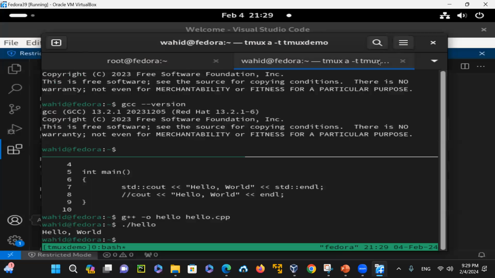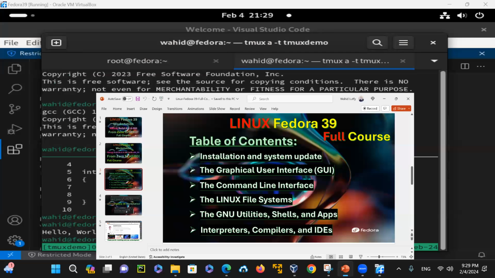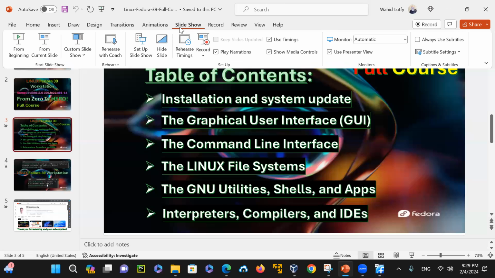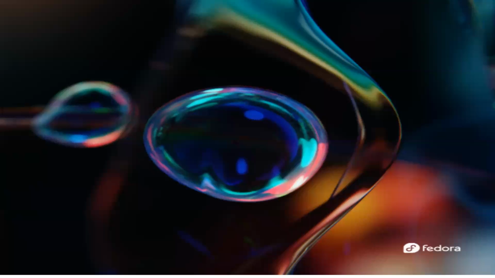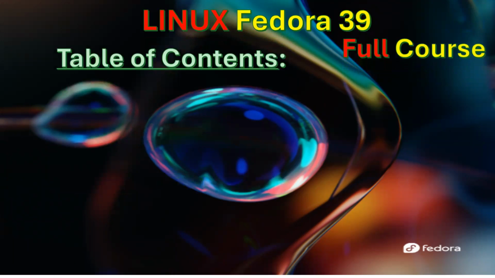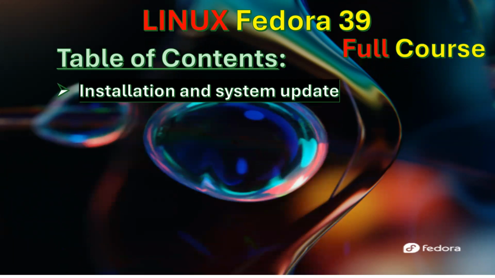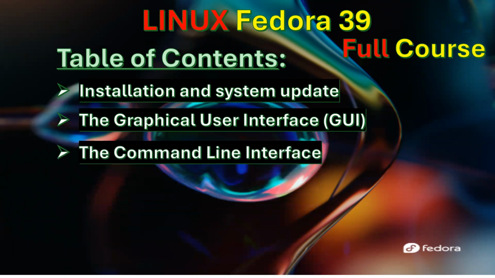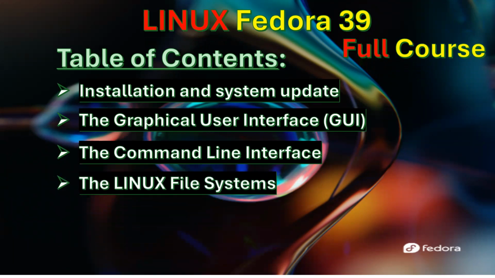I hope you like it so far, and let me see if there's anything additional that I need to cover. Let me go through the slideshow here from the current slide. We talked about Fedora 39, installation, system update, the graphical user interface, and the command line interface. Obviously, there's a lot in the command line interface.